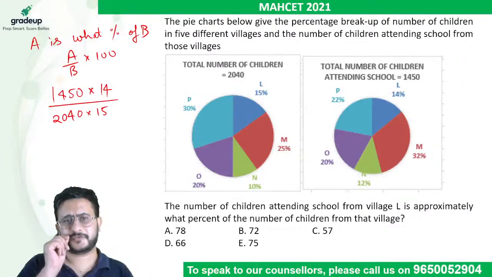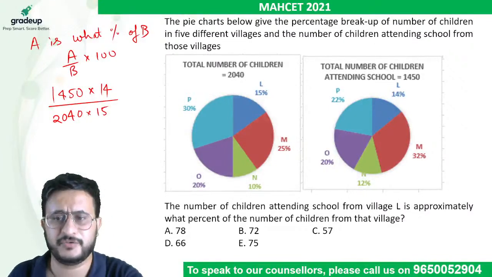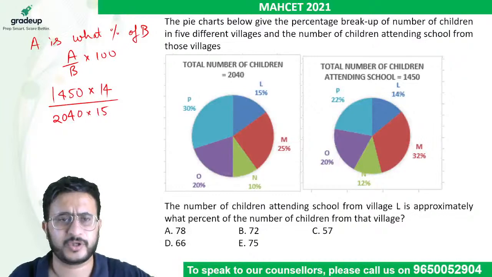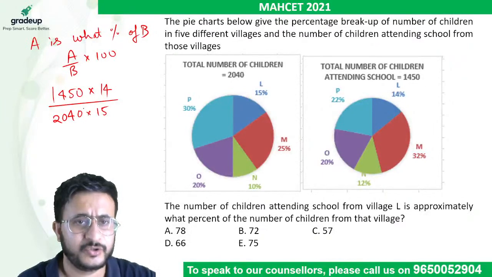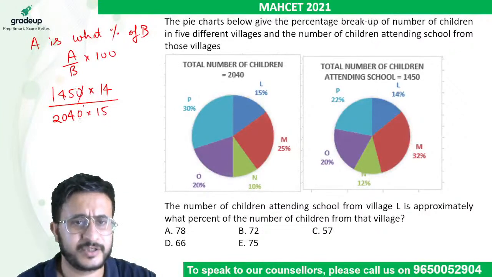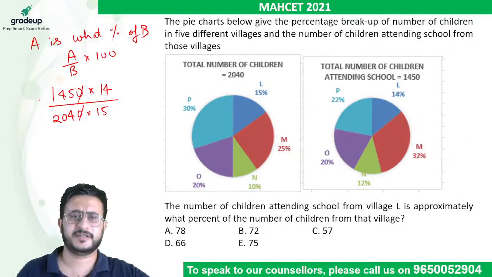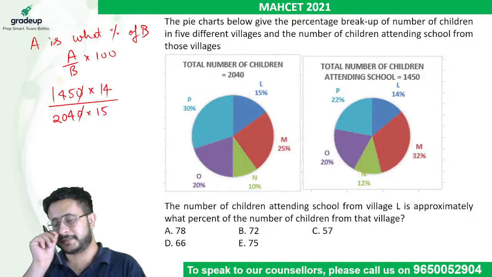Now see this. How can we approximate the value? You are calculating, that is why you are taking time. You are supposed to approximate the answer. So this you will get cancelled. Now see this.